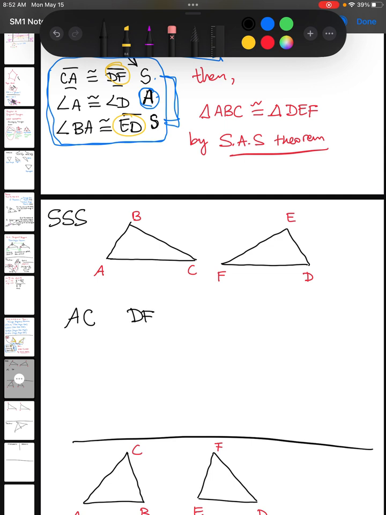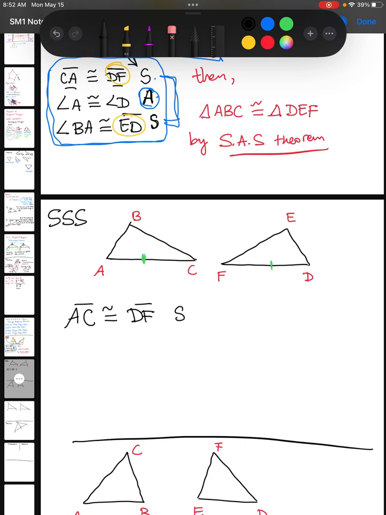But right now they're just corresponding. But remember, if I draw this mark right here, now I can say that these two are congruent. This is one side.